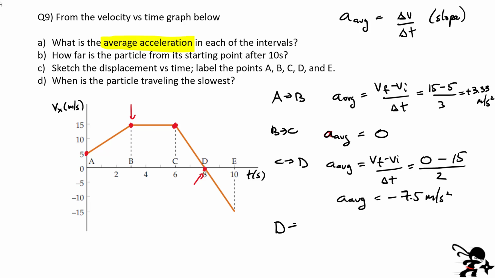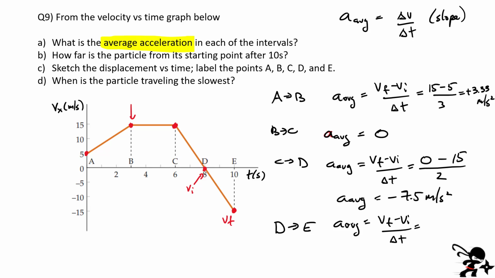And the last one is from D to E. Again, if you just apply my definition, V final minus V initial over delta T. The 2 points now are, this is my V final, and this is my V initial for that last time interval.